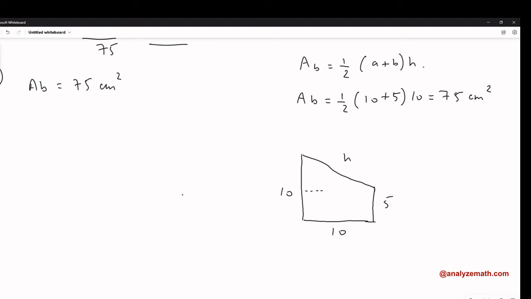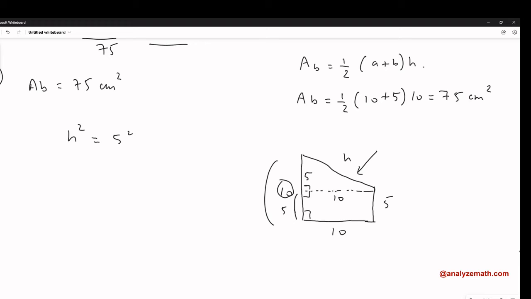Now let's draw a broken line here that makes 90 degrees. So we have already 90 degrees here. So this is a rectangle. This here is a rectangle. Therefore, this is 5. And all this is 10. 10 minus 5, so this gives me 5. And this gives me 10. Now let's concentrate on this triangle, which is a right triangle, and find H using the Pythagorean theorem.